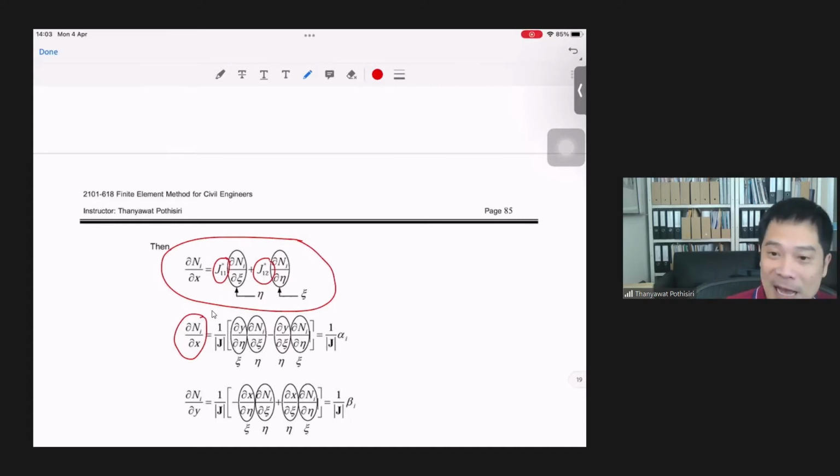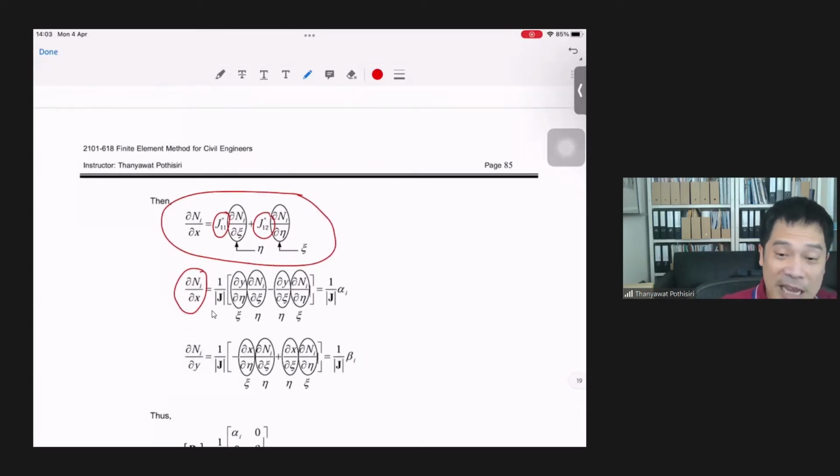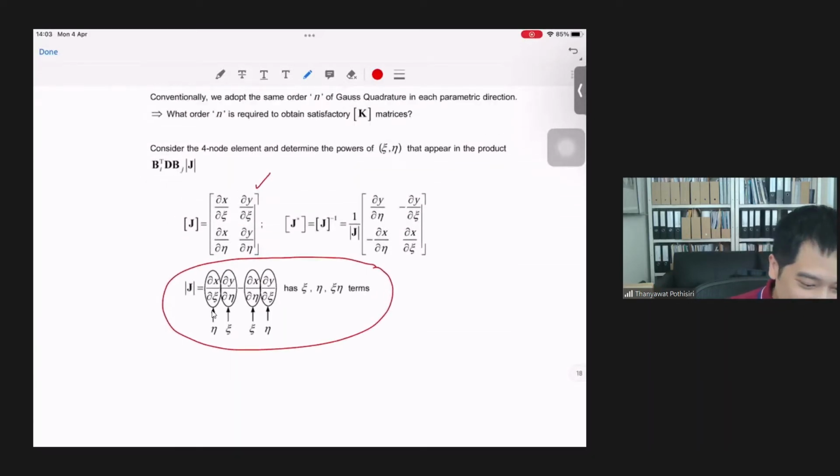Which is also multiplied with the derivative of the shape function with respect to c and with respect to eta. So you see that this term is essentially a function of c and eta of different orders. Okay, because this J star is the inverse of the Jacobian matrix. So in computing the inverse, you see that you would have the determinant term as your denominator, right?